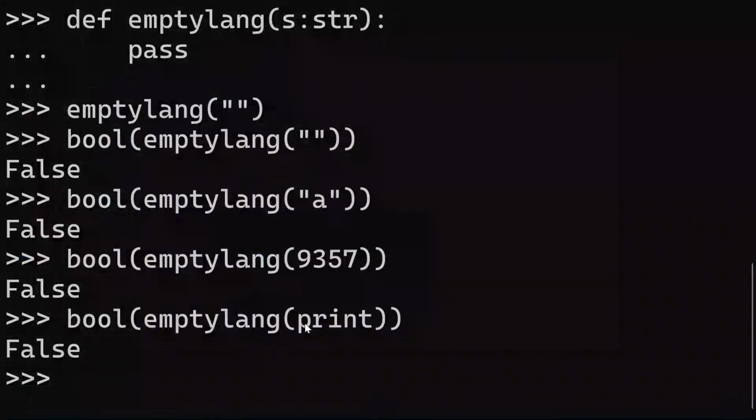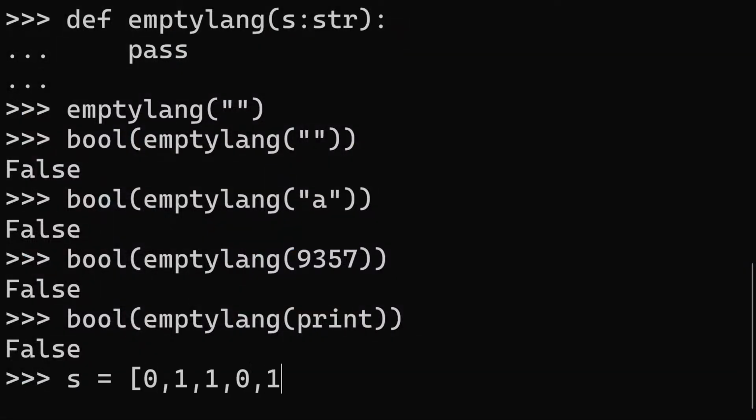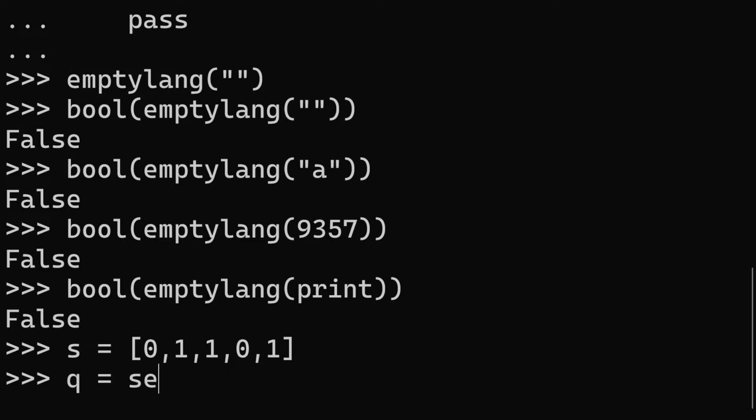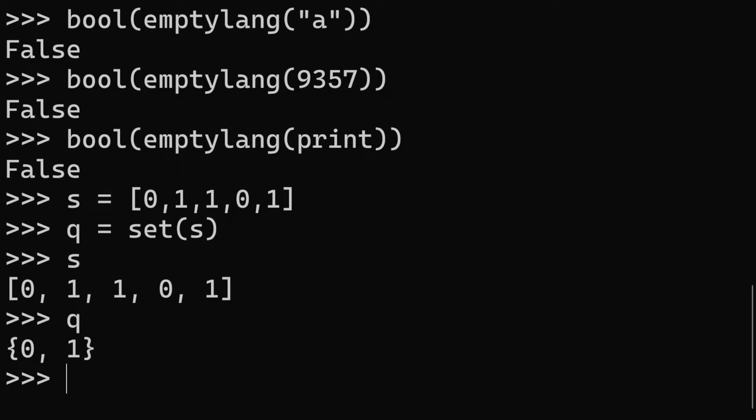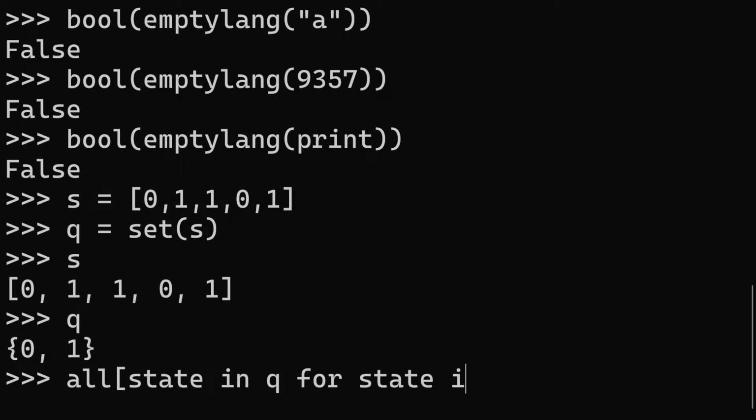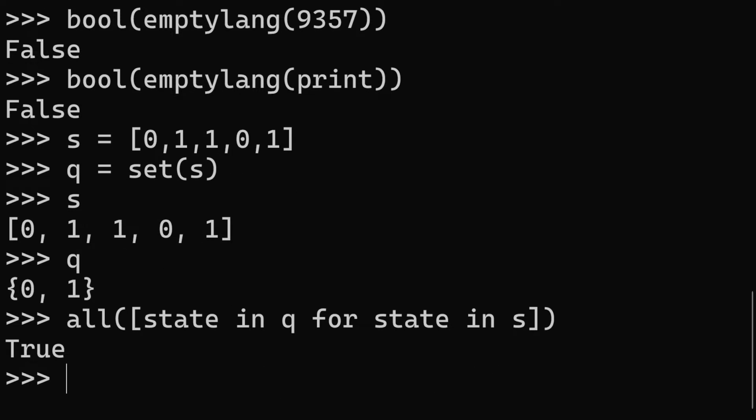I don't know that we need to see an example. So, if I look at this, for all states in S, state in Q. For state in S. This is how I would write a for all in Python.